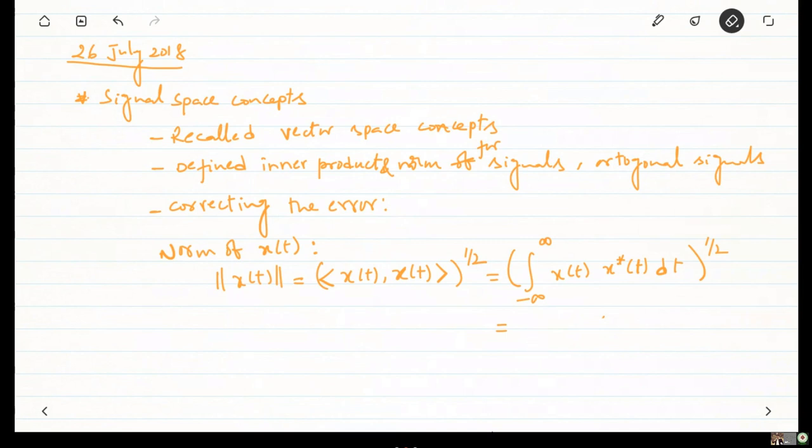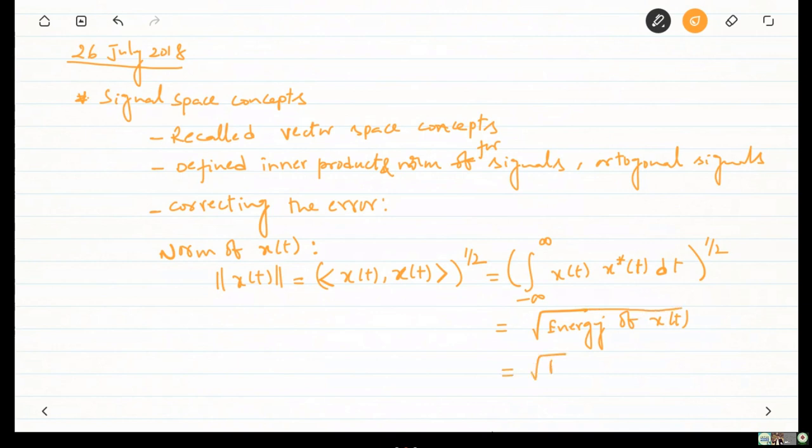We can directly write this as the square root of the energy of x of t, which is equal to the square root of Ex. This was a mistake made in the last class. So please correct it, all of you. So the norm of a signal is this.